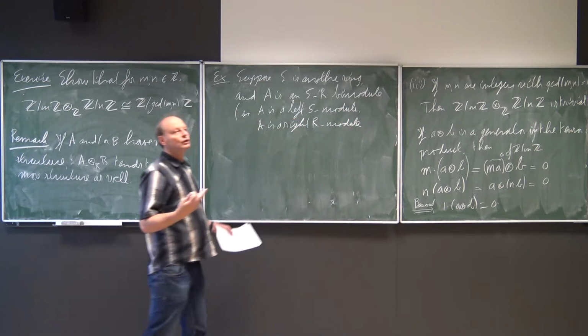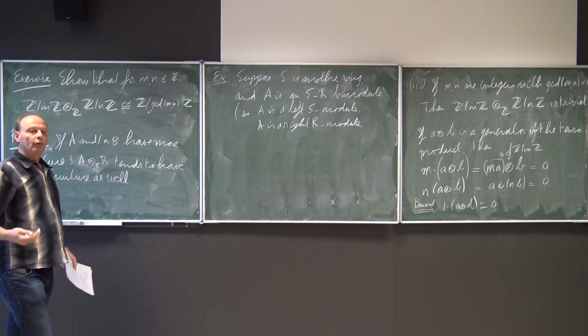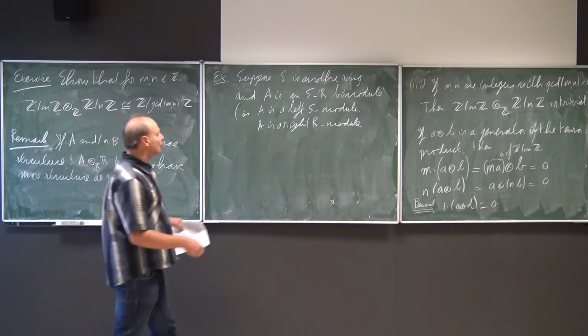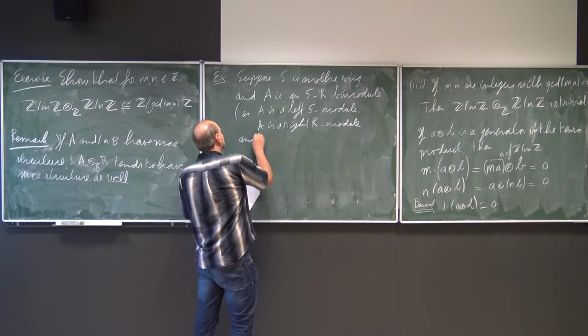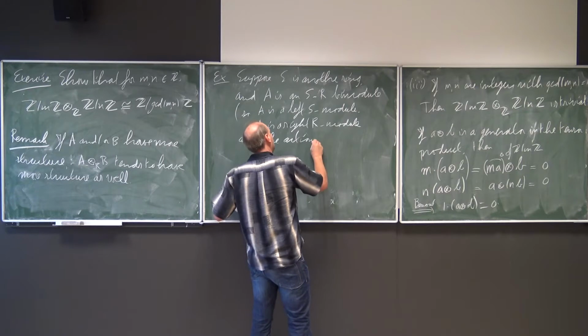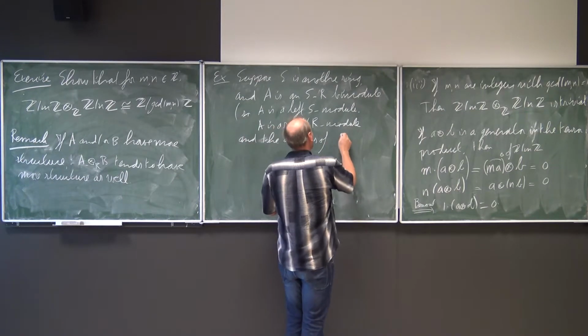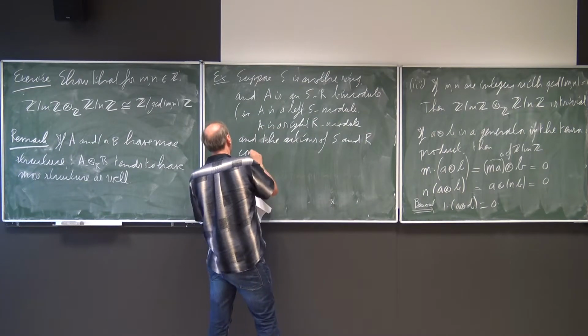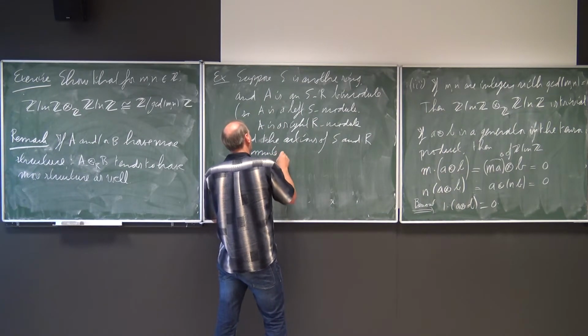Okay, so we already assumed that A was a right R module. Now we assume that there's now a ring S, or maybe the same ring, acting on the left, but it should be compatible. So the actions of S and R commute.